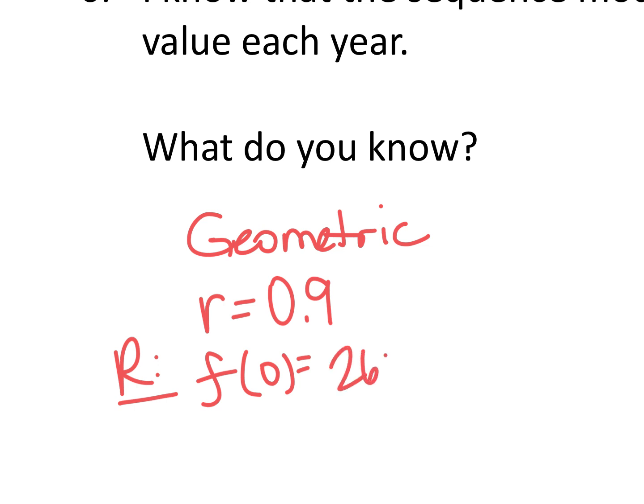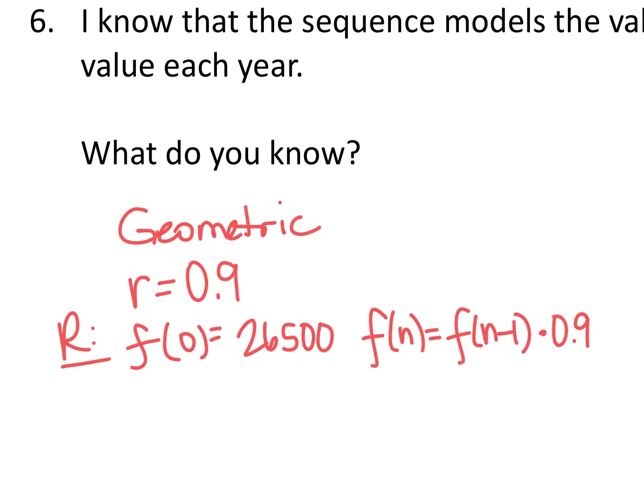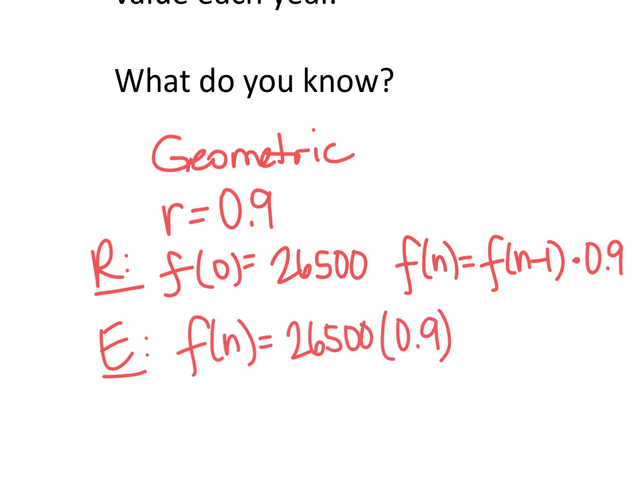And we know the next is the previous times our value that we're keeping, 0.9. And then let's do our explicit. Explicit, f of n equals our 0 term times 0.9, and in our exponent, we just need the n, because 26,500 is our 0 term.